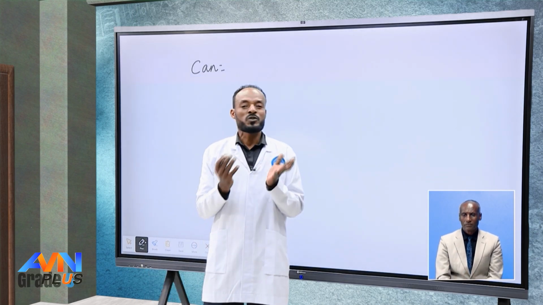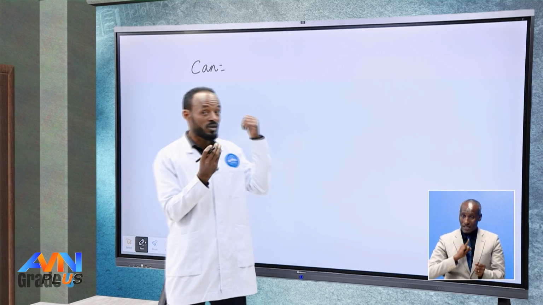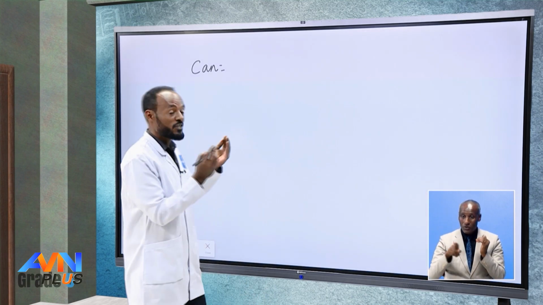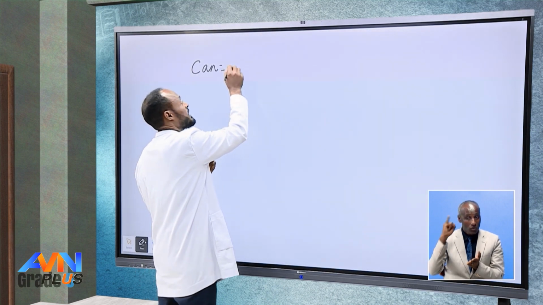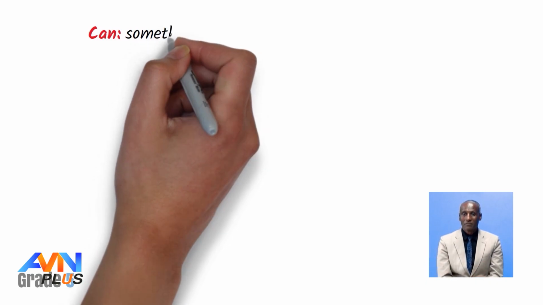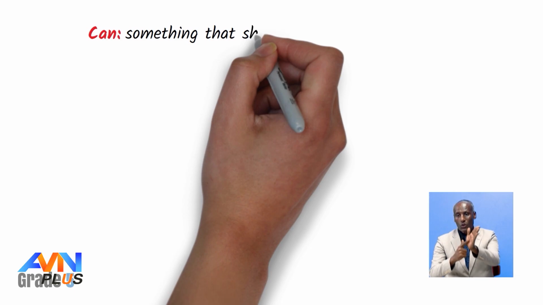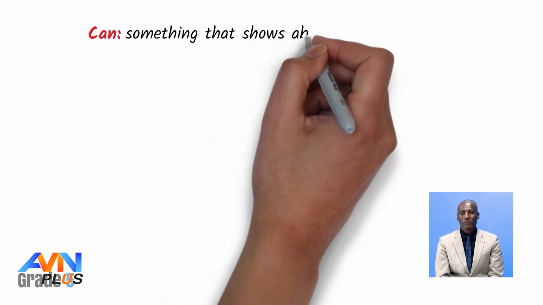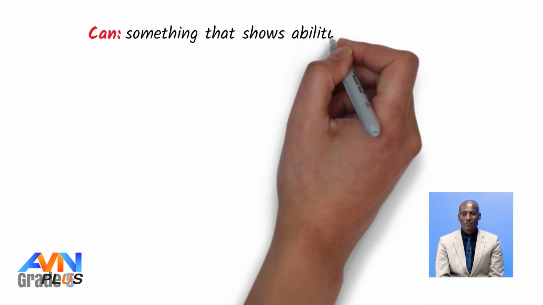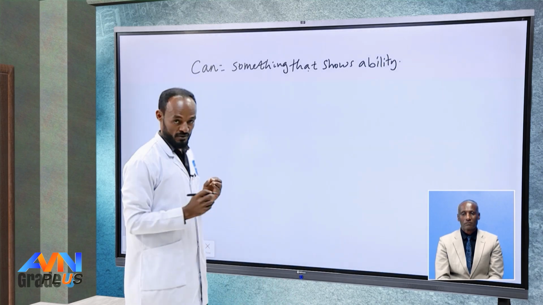So, when do we use can? I hope you have some information about this point. Can is used to talk about something that shows ability. Example.